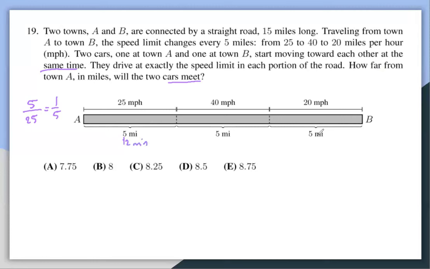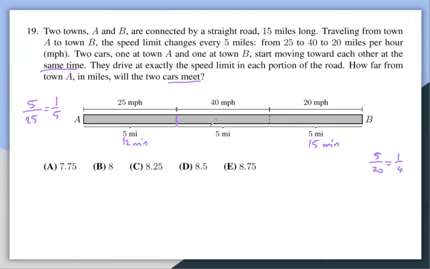And then if I do the same thing, 5 over 20, that looks like 1/4, which is 15 minutes. So since this one is faster than this one, A will be here in 12 minutes, but this guy is not going to be here yet. So we will have 3 more minutes for B to be here.